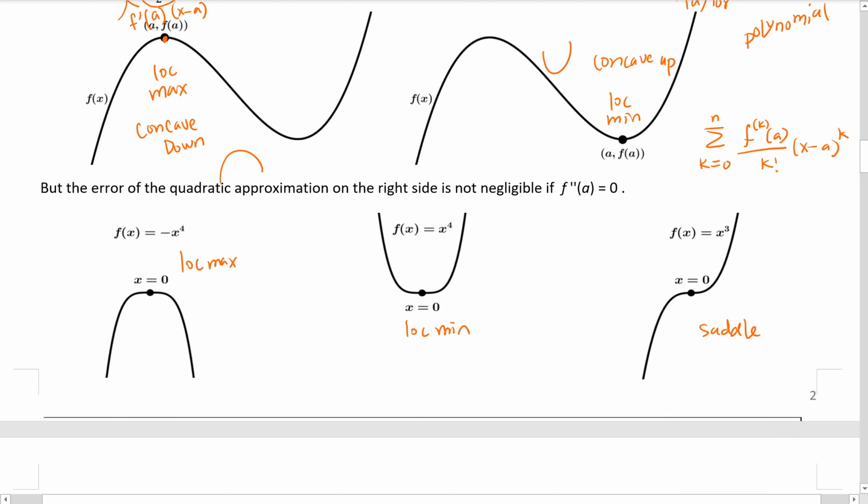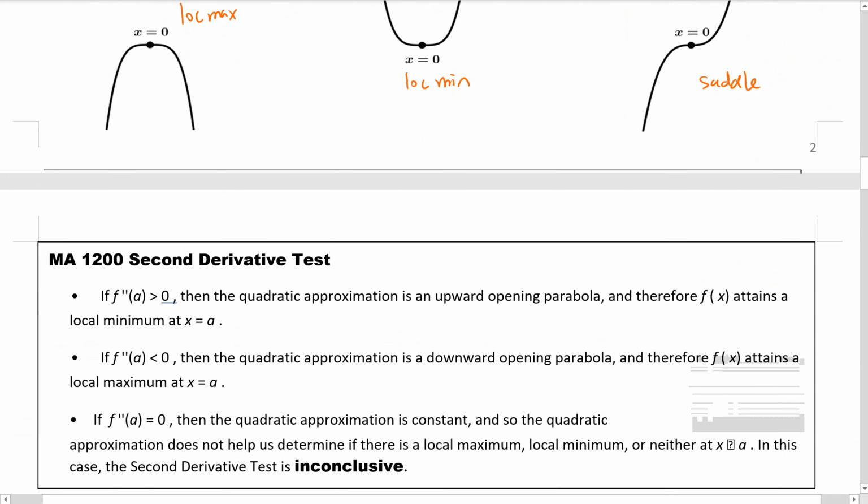If the second derivative is negative, then the parabola opens down, and we have a local max in this case. So far so good?